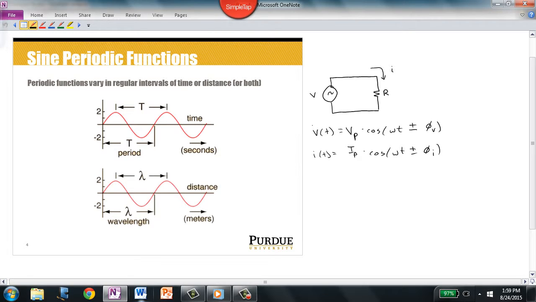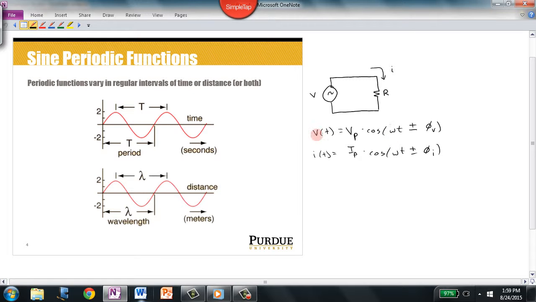We know that the voltage and current in this AC circuit are going to be described by cosine waves, and this means that they are periodic. More specifically, they're time periodic, meaning that the value of the voltage is only dependent on this variable, time. So in this equation, the voltage is the dependent variable, and the independent variable here is t, time.